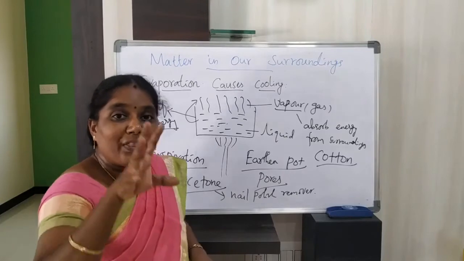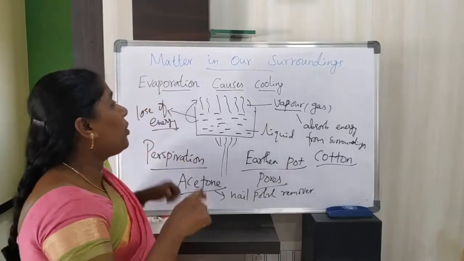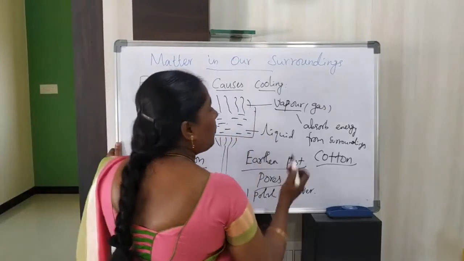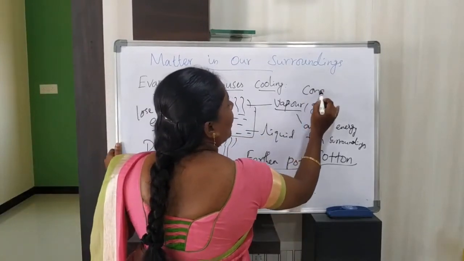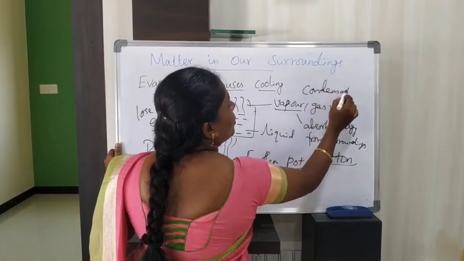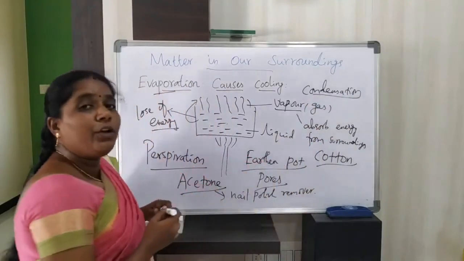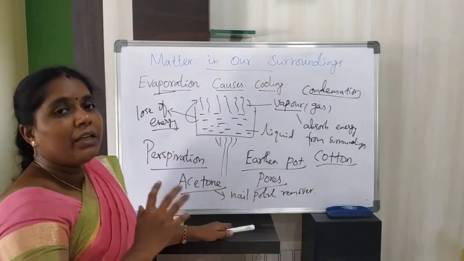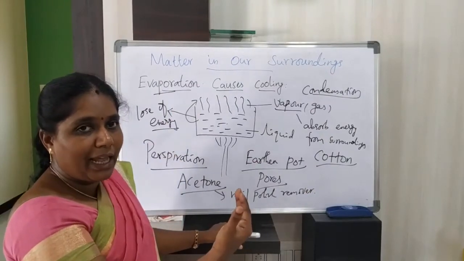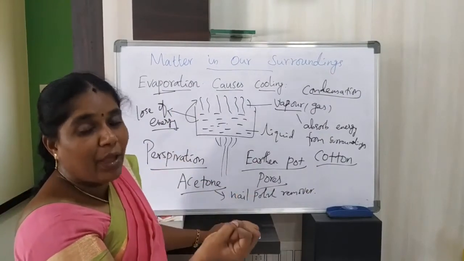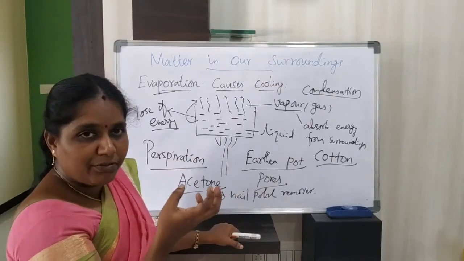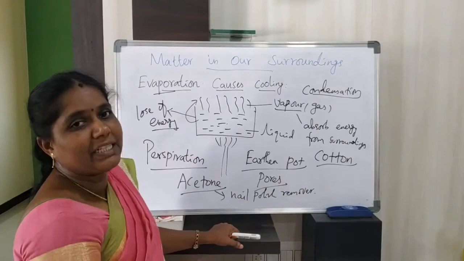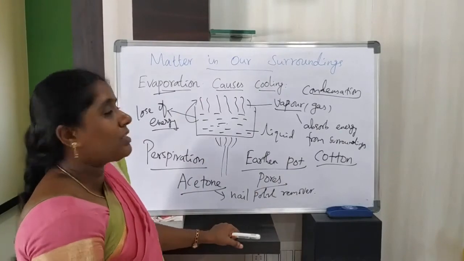Do you know that condensation is the opposite process of evaporation? See, what is condensation? It is opposite to evaporation. During condensation, the vapor particles release energy to the surroundings and are converted again into the liquid state. So this is the opposite process of evaporation.